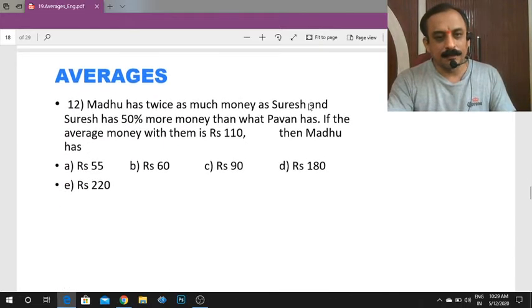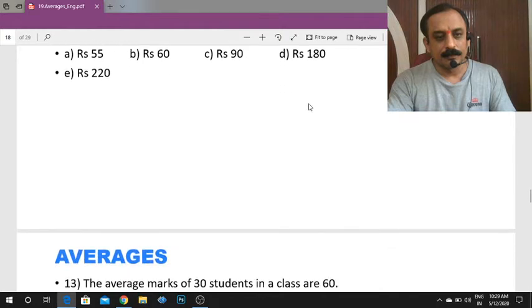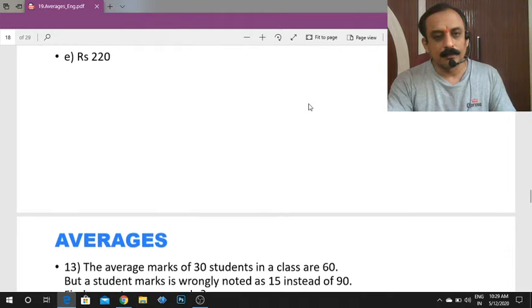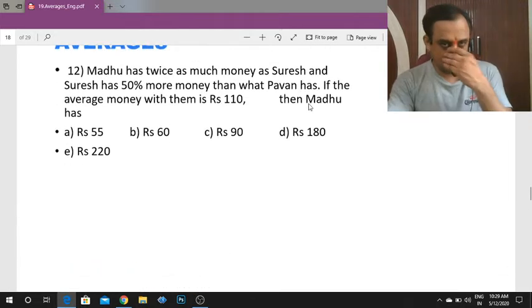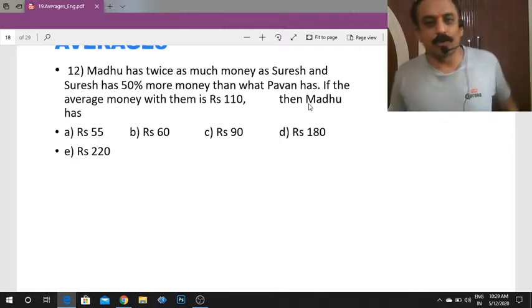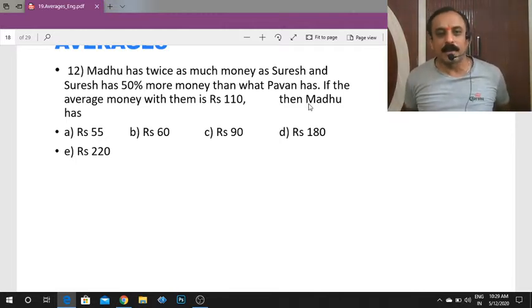Next one. Madhu has twice as much money as Suresh, and Suresh has 50% more money than what Pawan has.